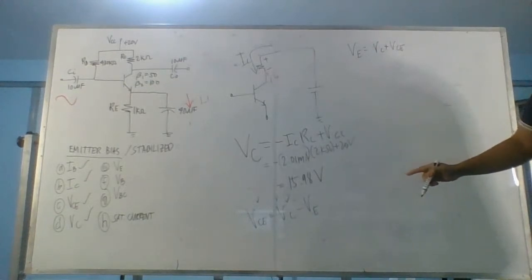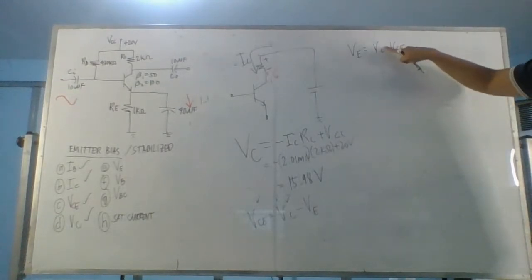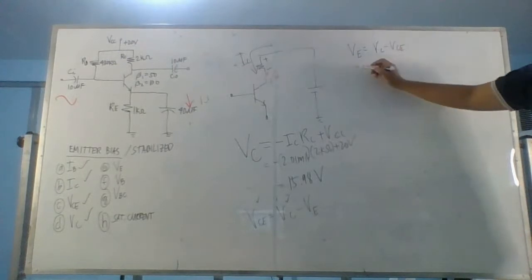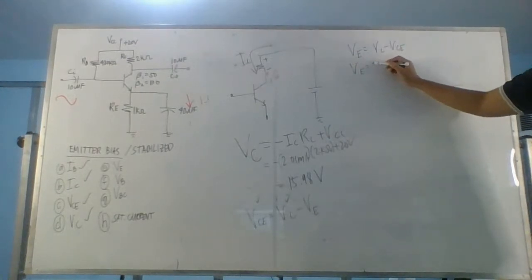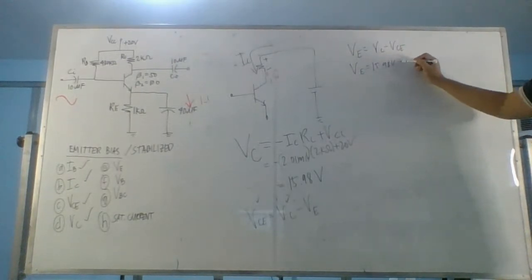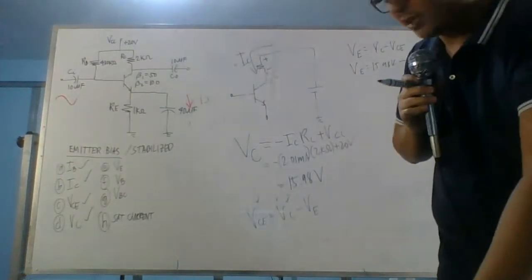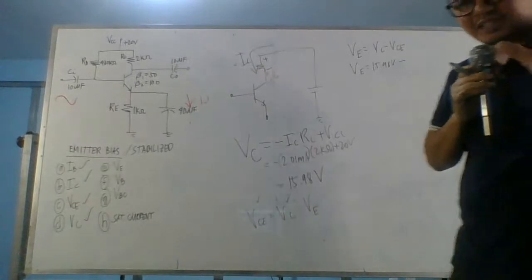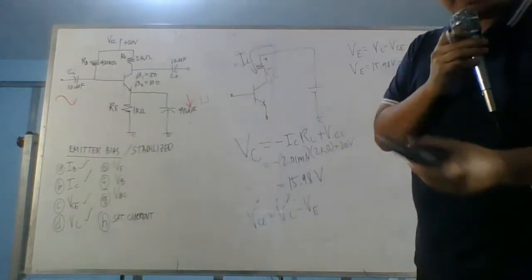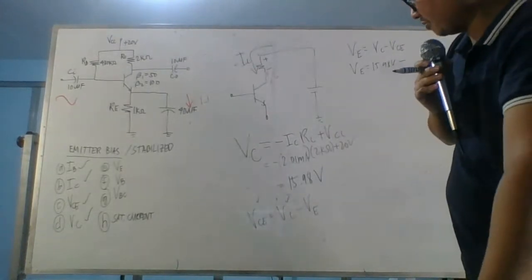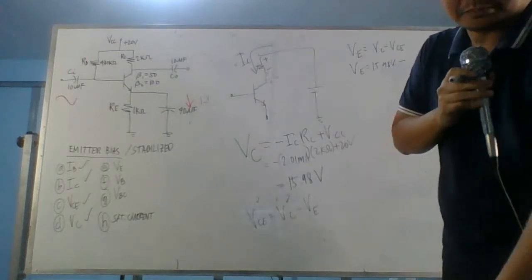VE is equal to VC minus VCE. Yeah. So we have VE equals VC of 15.98 volts minus VCE. Ano nga ba yung VCE? 13 point something yan. So, pakisolve niyo, nakalimutan kong value. Teka, solve natin.